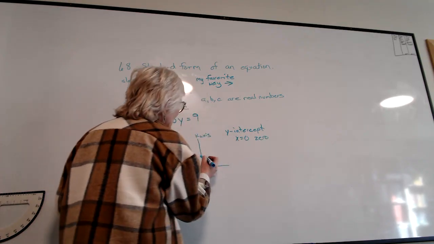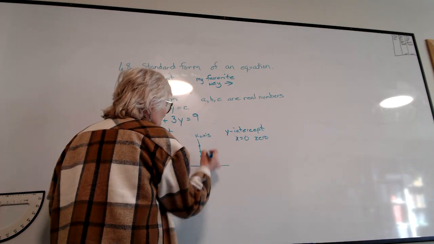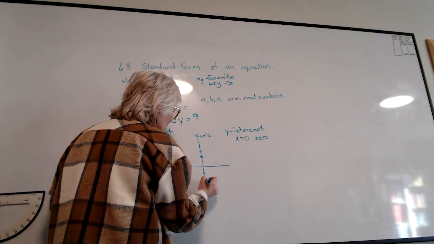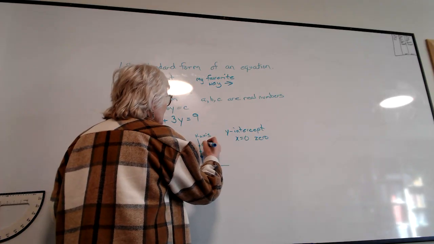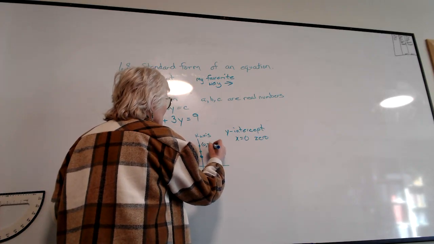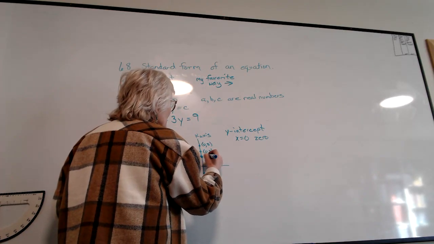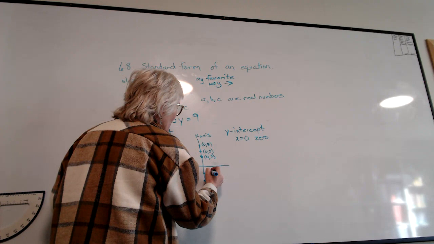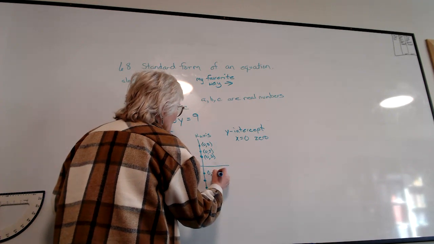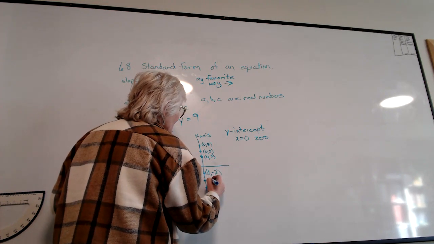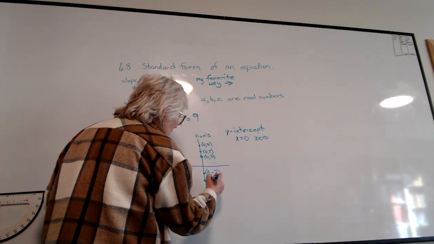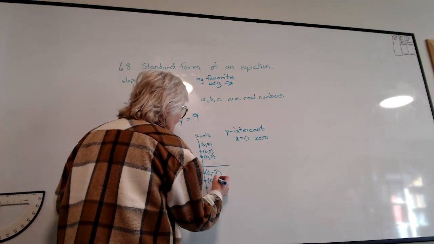Because if you look at any points along this line, any points I pick along here, the point is going to be (0, 5), (0, 3), (0, 2), or (0, -2). I don't know, these are not consistent. But if you notice, x in every case is going to be 0.